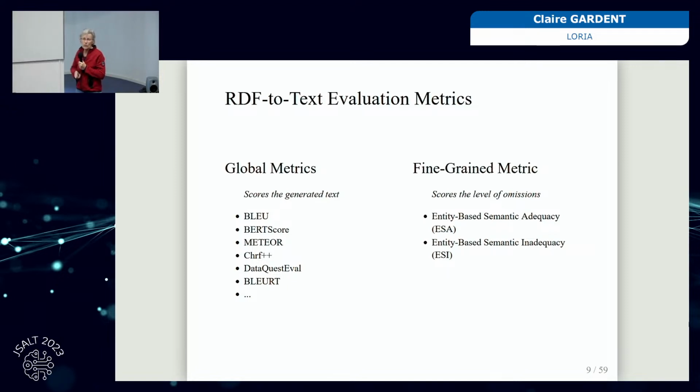It's a global metric in the sense that it doesn't give any detail, it just says this text has that score. So instead, here we have fine-grained metrics that tell us how much omission the model is actually producing. And we'll talk about two different metrics we introduce, entity-based semantic adequacy and entity-based semantic inadequacy.